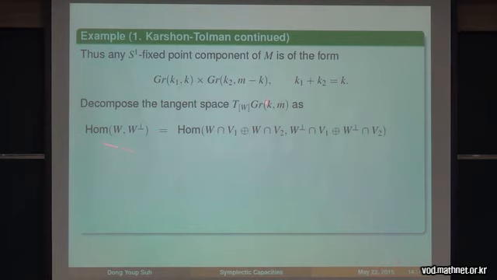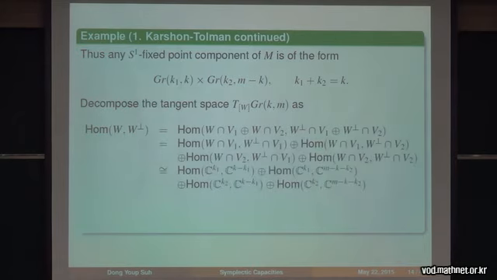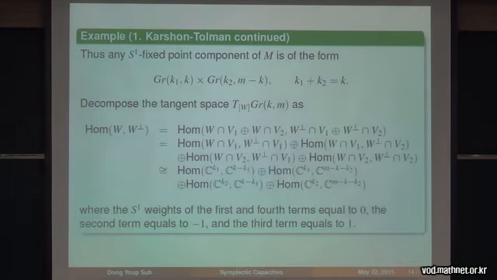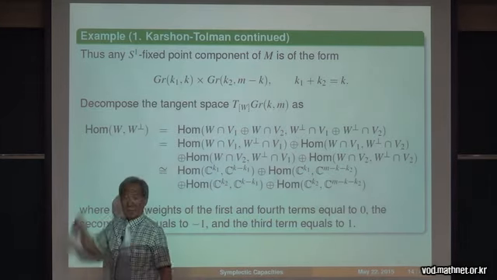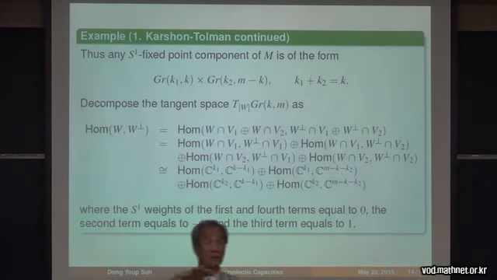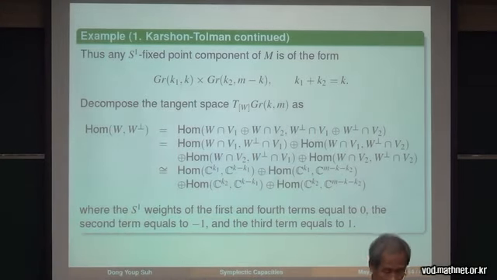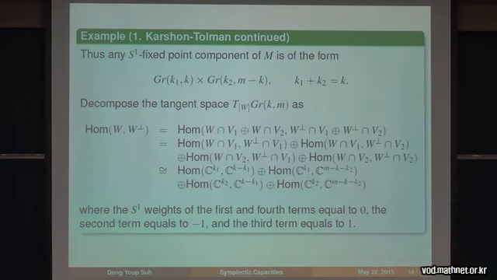This is a simple computation, but all I need is that the tangent space of the manifold can be decomposed into four different parts. Because this is a tangent space at a fixed point, you have a circle action, so this is an S1 representation. Okay, so an S1 representation decomposes into weight numbers, right?